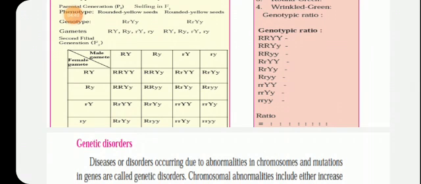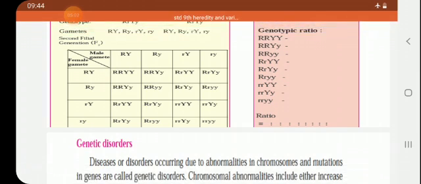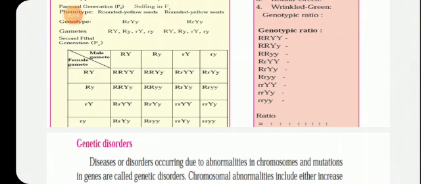Third, capital R, capital R, capital Y, capital Y. Fourth, capital R, capital R, capital Y, small y. Then come to the third column: capital R, capital R, capital Y, small y. Next, capital R, capital R, small y, small y. Next, capital R, small r, capital Y, small y.